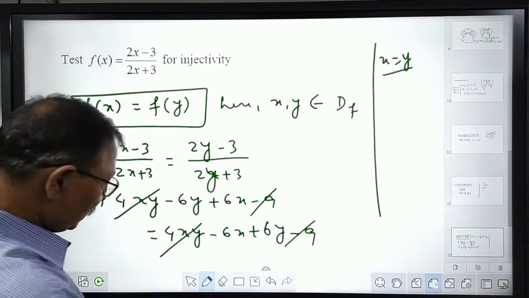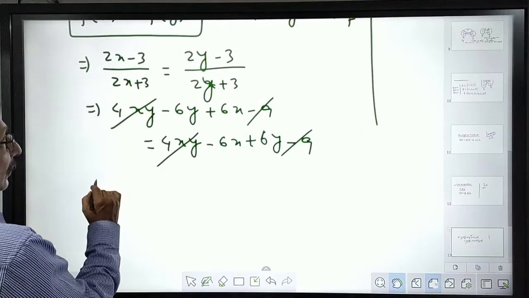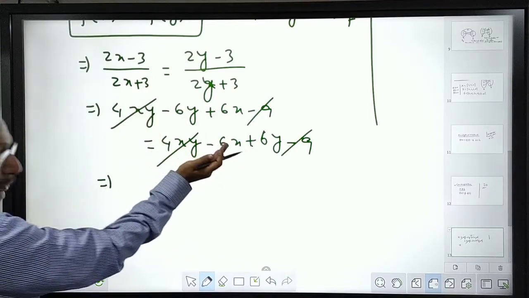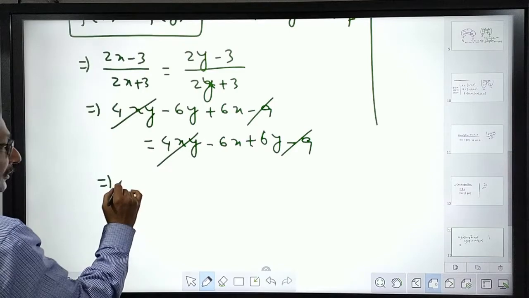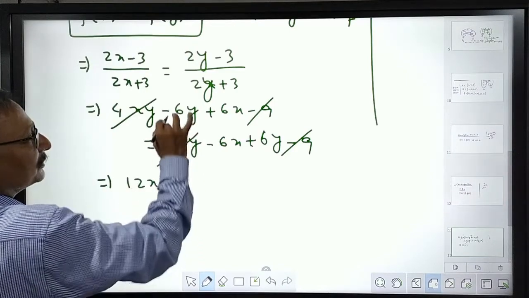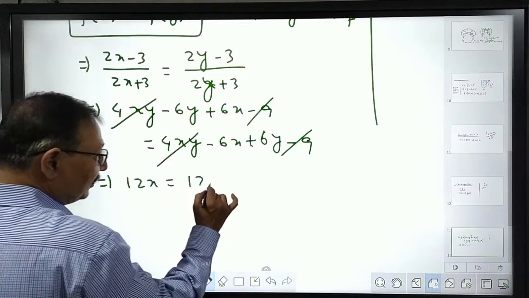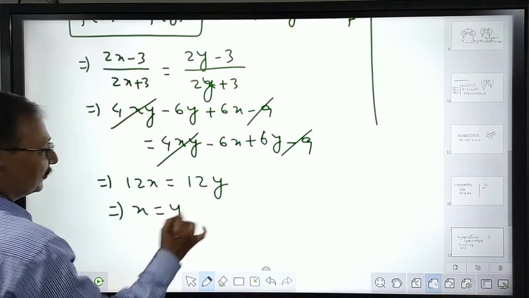Clearly you are seeing here some terms are cancelled out, and we got a relation like this. Here 6x and minus 6x. When this minus 6x is taken this side in the LHS part, then it becomes 12x, and this 6y if taken to the right hand side, then we got 12y. So clearly we concluded that x is equal to y.